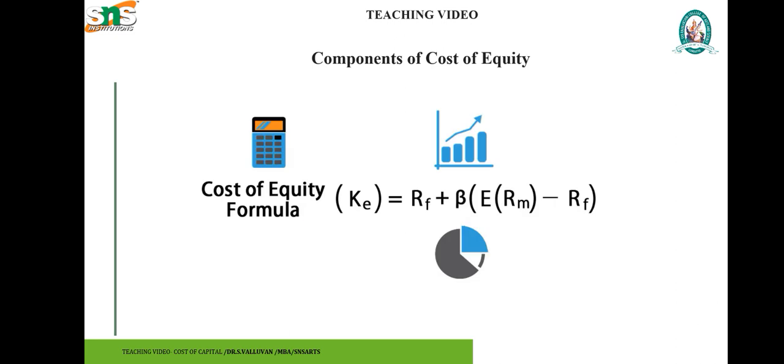This slide depicts the cost of equity formula. Cost of equity is equal to RF, that is risk-free rate of return, plus beta. Beta means risk. We can define beta in one word, that is risk, which is used to measure the volatility of return of a stock.